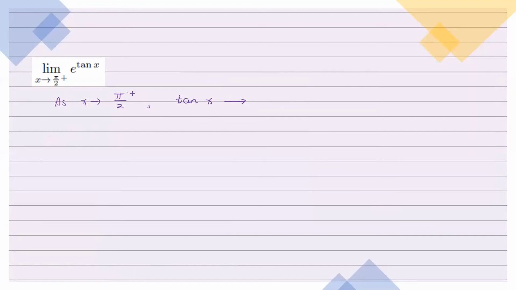But if not, another way to evaluate this is to observe that tangent x is sine x over cosine x. So as x approaches pi over 2 from the right, we get tangent x approaches sine of pi over 2, yun ay 1. Cosine of pi over 2 ay 0, but we have to know if it is from the right or the left.